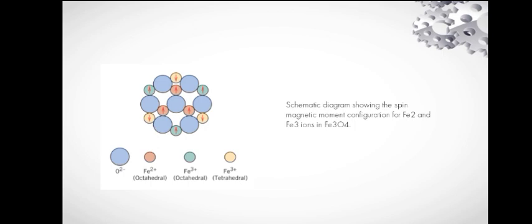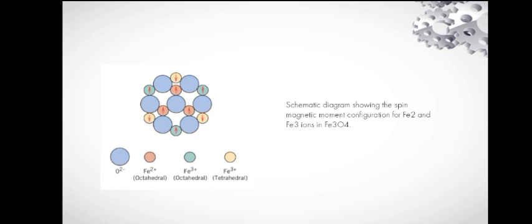This inverse spinel crystal structure might be thought of as being generated by the stacking of close packed planes of O2- ions. Again, there are two types of positions that may be occupied by the iron cations, as illustrated in the last figure. For one, the coordination number is 4, tetrahedral coordination.